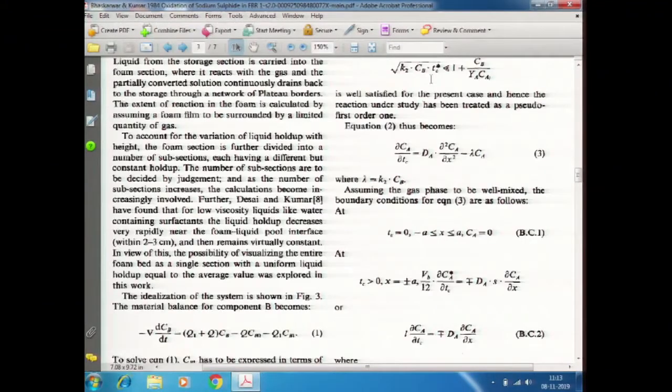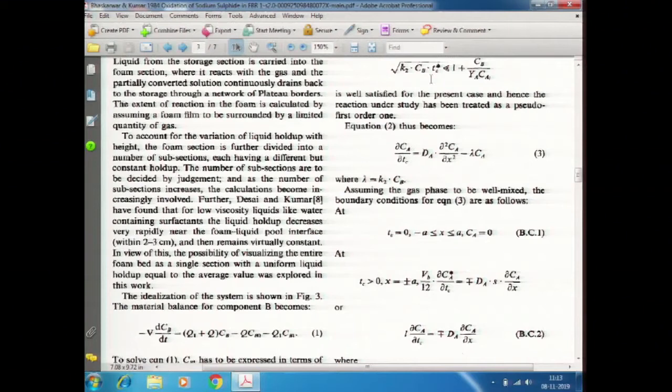So, this entire analysis of gas absorption under pseudo first order conditions, subject to this initial condition and those boundary conditions, was to arrive at the amount of A, or oxygen, that would be absorbed by the liquid film across one phase.